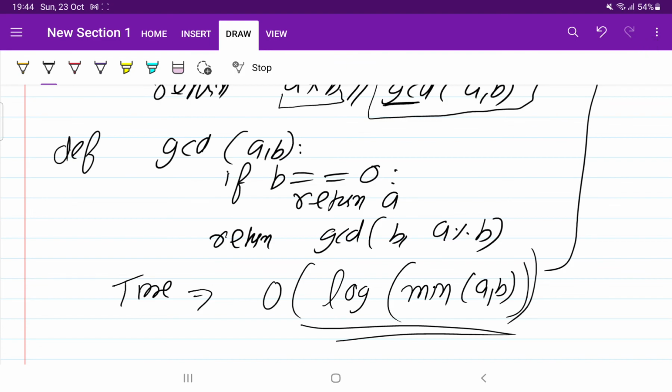Earlier you were traversing each element and checking whether it is divisible or not, so it might take more than order of n or n square time, but now our solution is done in order of log of the minimum, a very small amount of time.